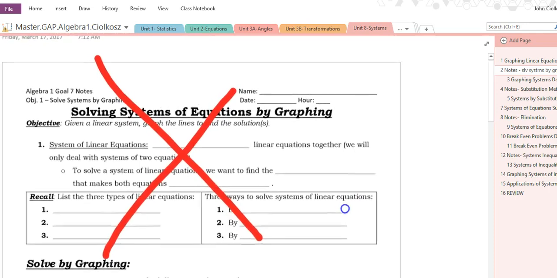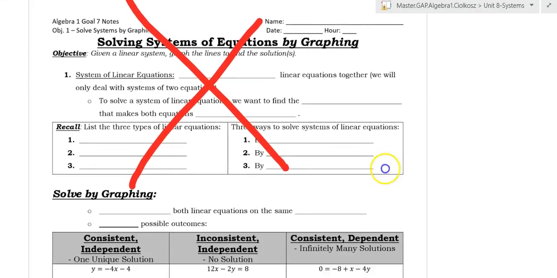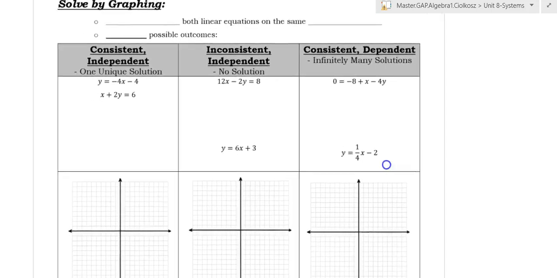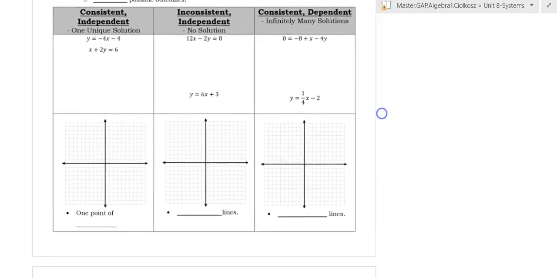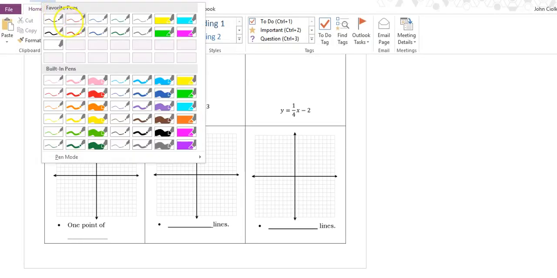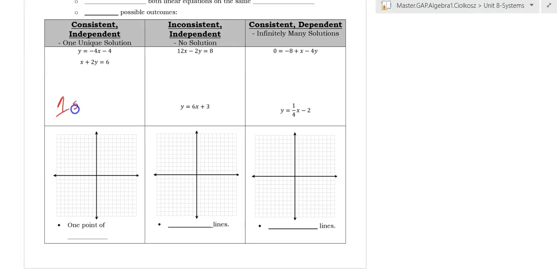Alright, solving systems by graphing. This is 2. We're going to skip over a bit of the ideas here. The big idea is the 3 different outcomes. One solution: we have some lines that intersect each other at exactly one point. Here our solution is an ordered pair, x comma y.